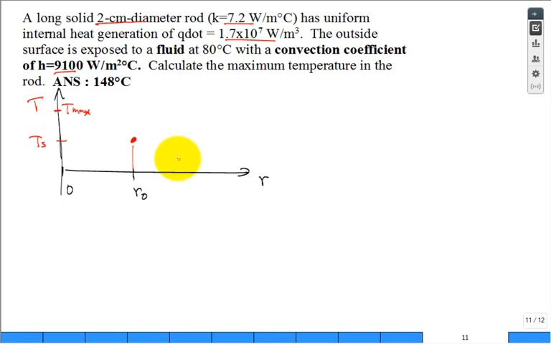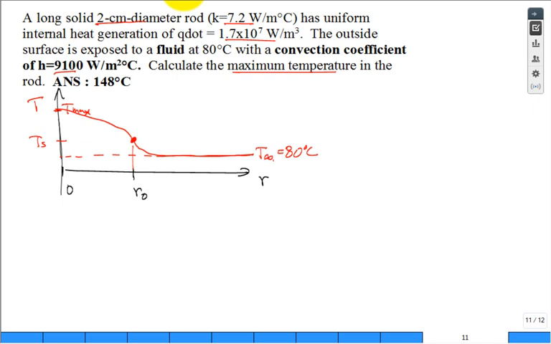But we're given that the fluid temperature, way out here, T infinity, is equal to 80 degrees C. So it kind of goes like this, and then there's an abrupt change. And then what do we have in here? We have something like that, and it's flat. It's quadratic in the rod, and from the boundary condition, it's flat. So how am I going to calculate that maximum temperature in this case?